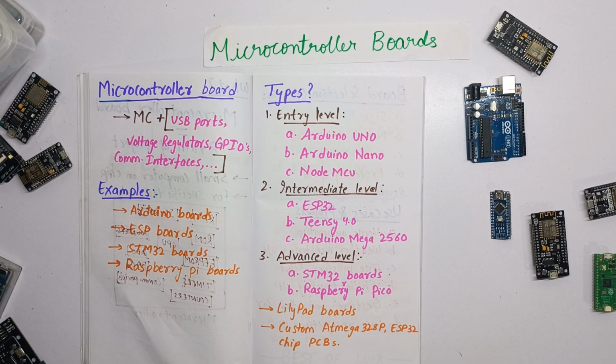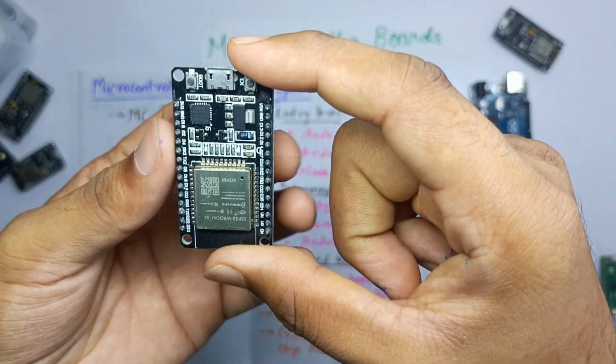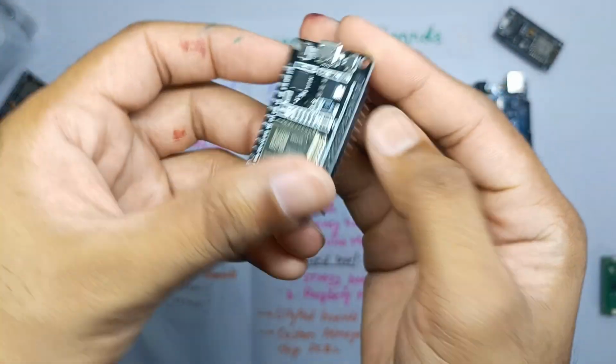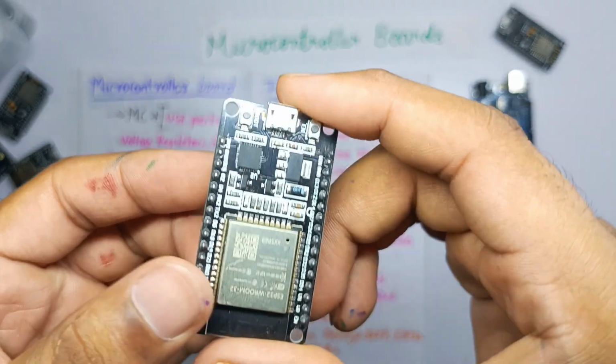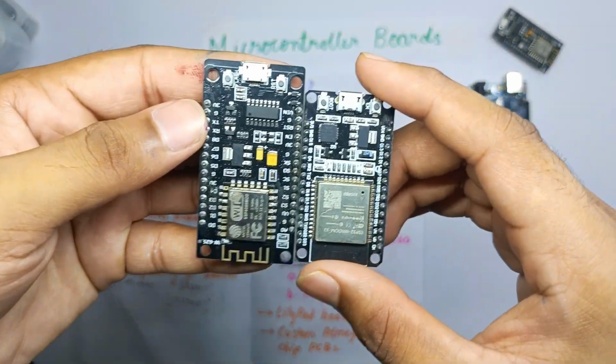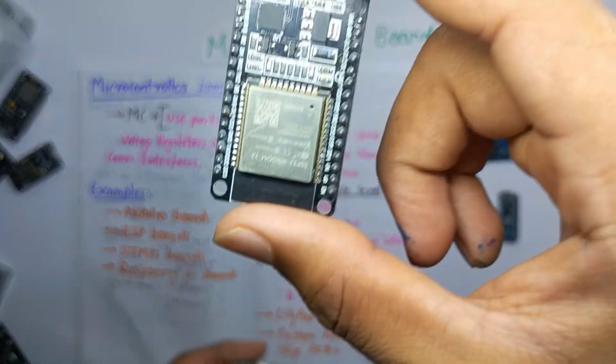In intermediate level, we have multiple microcontroller boards such as ESP32. Here you go. This is ESP32, which is also a product from Espressif company. Correct. So the difference between ESP32 and ESP8266 is that ESP8266 is the predecessor of this one.